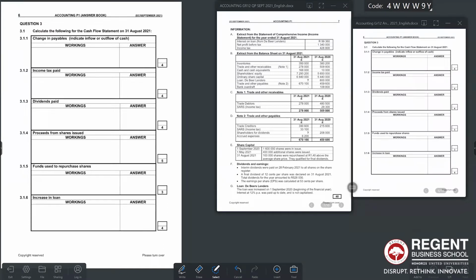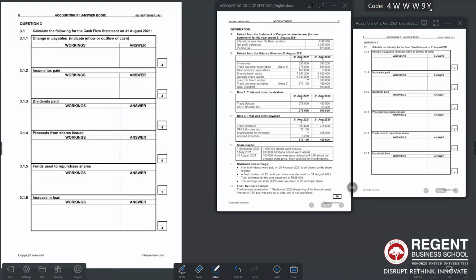Tell me, firstly, if they ask you for 2 marks or 3 marks, what is the purpose of the cash flow statement? Why do you draw up a cash flow? What does the cash flow statement indicate? You must remember that the cash flow statement shows you exactly how the funds in the business were utilized, how the money that came into the business was spent.